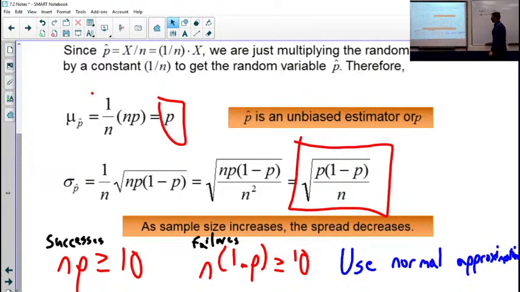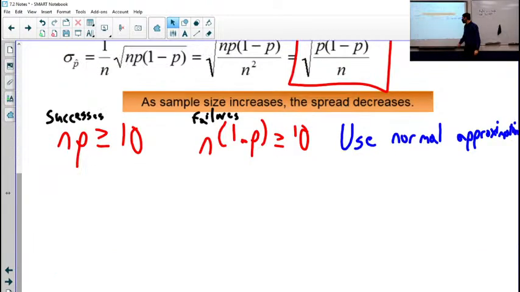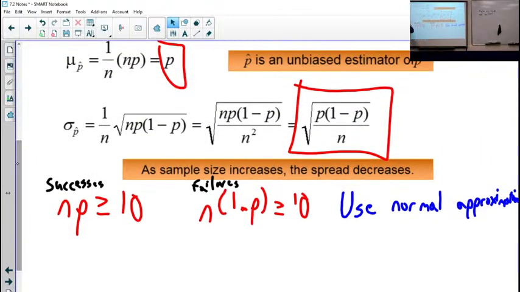And I said we need to sample a large enough size. This is going to be the condition we need to check to make sure we can actually use a normal distribution, and that it will actually start to look like a normal distribution, which is that the expected number of successes and failures need to be at least 10.